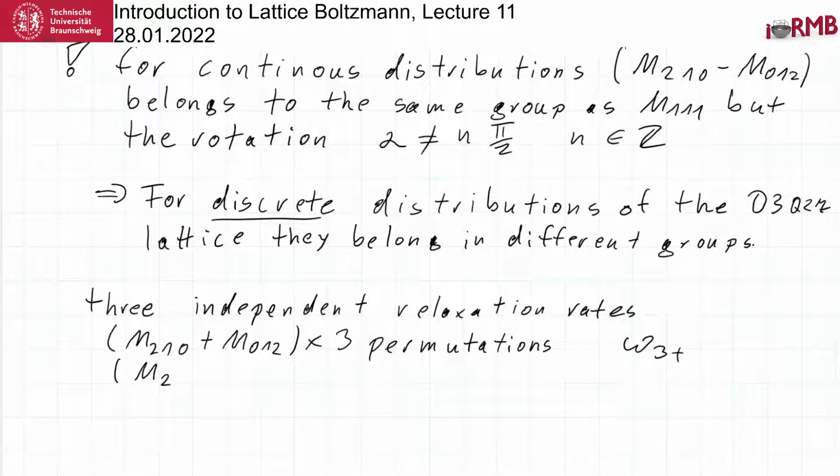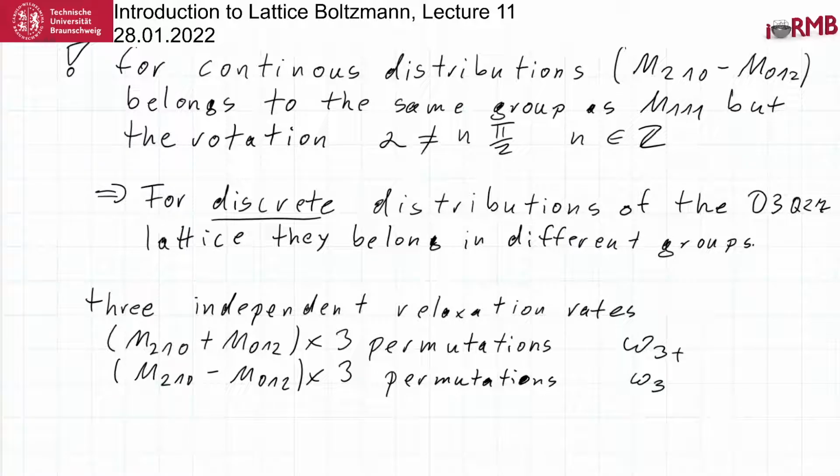Then we have M210 minus M012, with three permutations, and we assign relaxation rate omega 3 minus. And then we have the single one, M111, and this we call omega 111 as its relaxation rate.